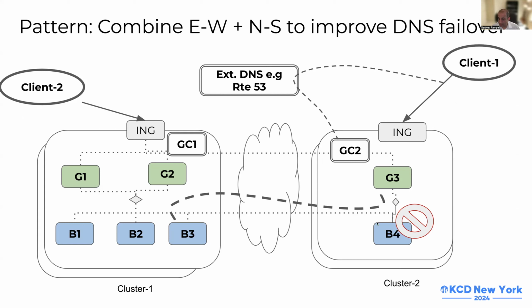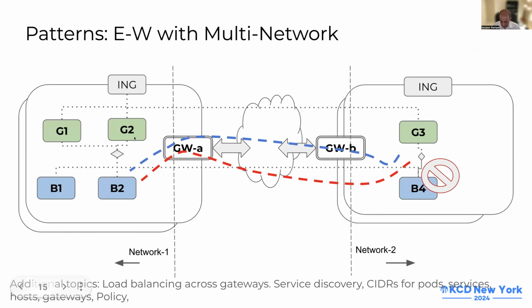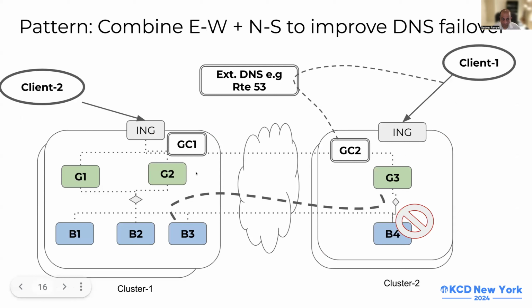And meanwhile, there's been a failure. So although the north-south load balancer has done the right thing by actually redirecting client one to cluster one in this case, it takes a while for client one's DNS cache to get updated. And this could be minutes and potentially hours.